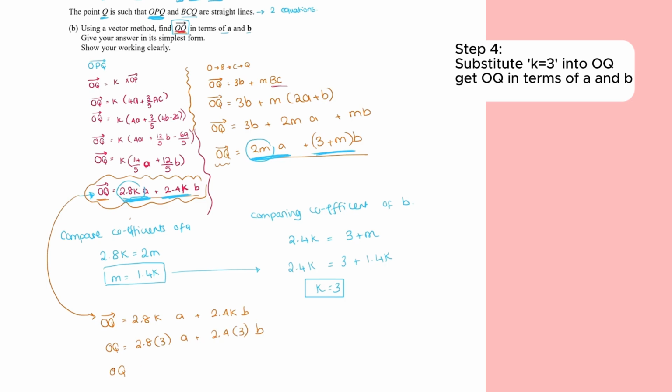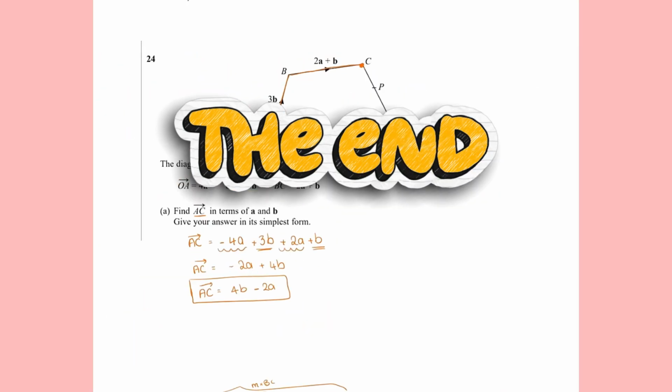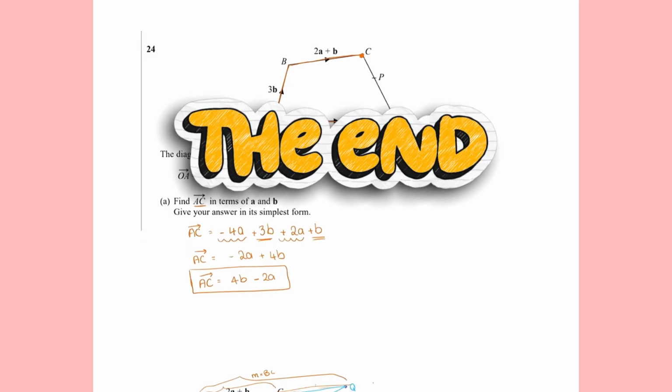So OQ equals 42 over 5 a plus 36 over 5 b. And if you wanted to leave it as a decimal, you could. I'm not going to lie, I feel like it should have been worth more than 4 marks, but that's just my opinion and that's okay. So I hope you got that one.